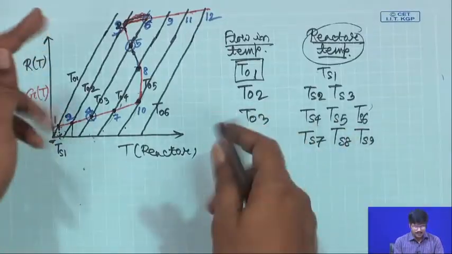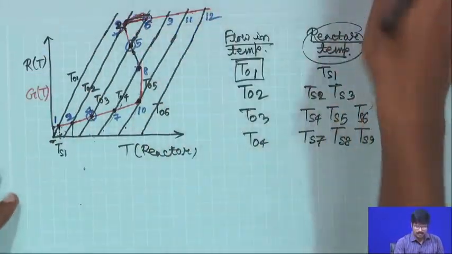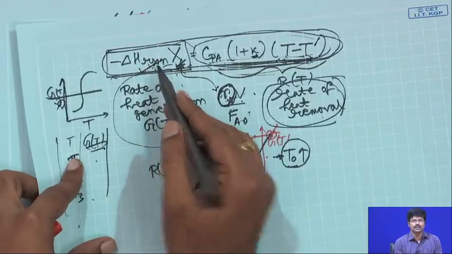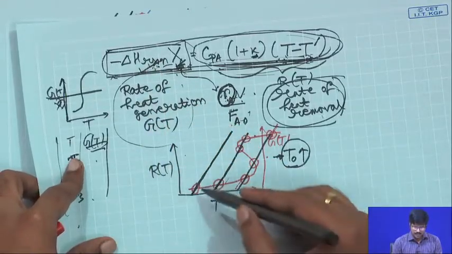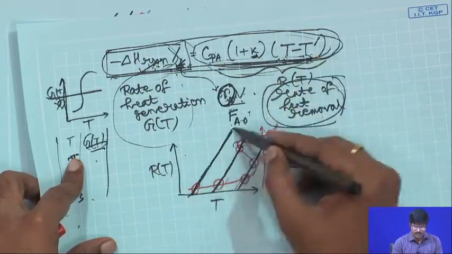If you have constructed this particular graph, both the sides, because this is a steady state equation, and you are plotting this as a function of temperature, then you are plotting this part, you get this red line, you are plotting this part, then you get this line.